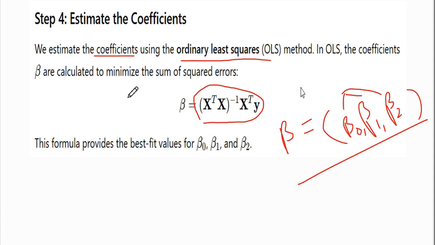From that OLS method we get the lowest error. That's why I am using the ordinary least squares method. This is the equation for beta: (X transpose X) to the power of inverse, into X transpose, into Y. Then we are getting one vector, and that vector is given as beta, the values of beta.